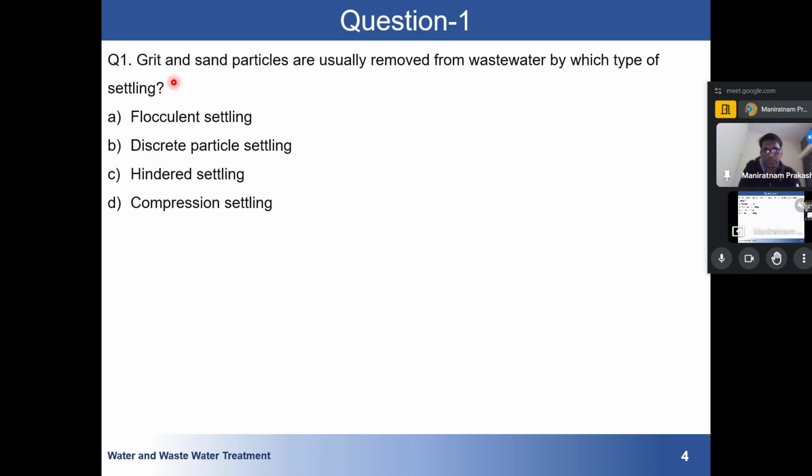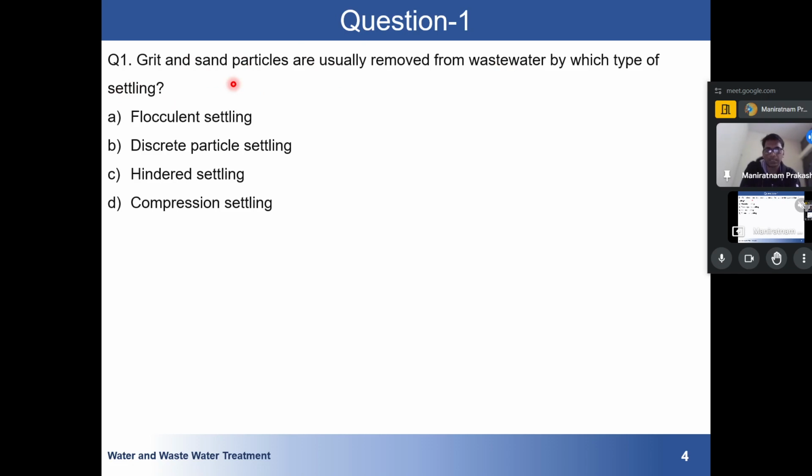Grit is a small part. By definition, grit is small sand particles, finer rocks, and it may not be just rock, it can be of any type. Then after the grit chamber, the water passes through different units like the primary sedimentation tank, then the biological unit, and finally filtration.